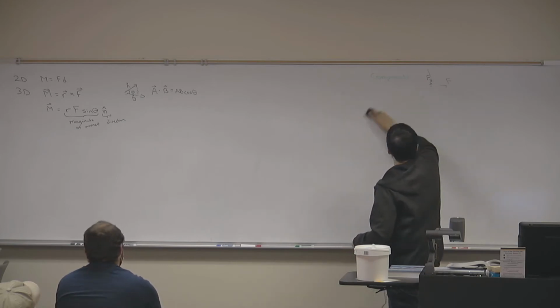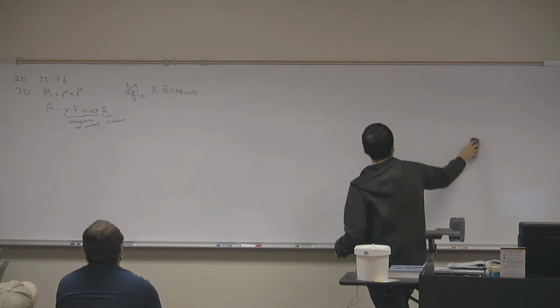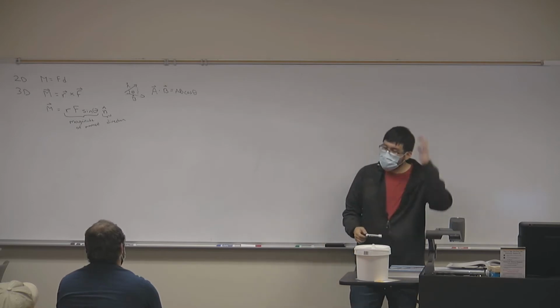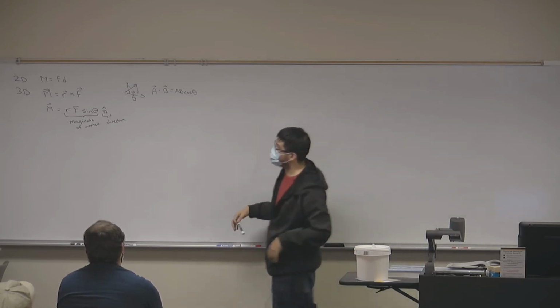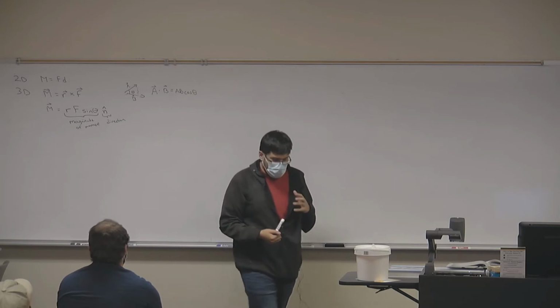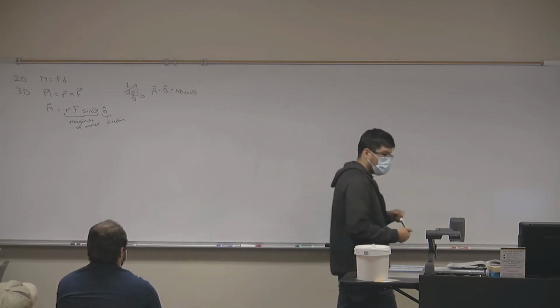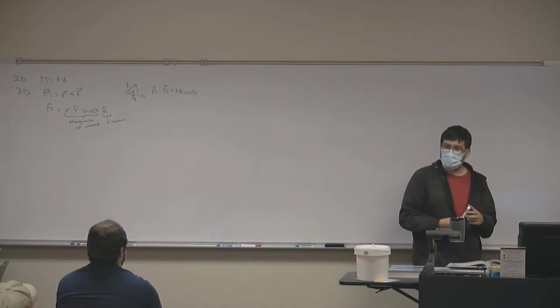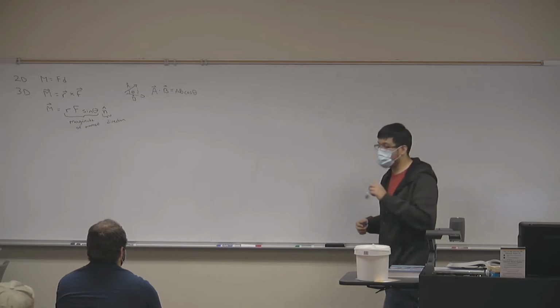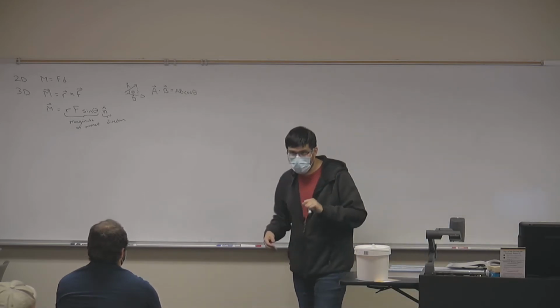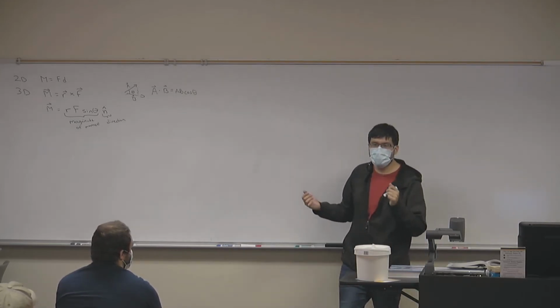From your algebra, physics, whatever class where you deal with vectors, does anybody remember how to solve a cross product? Matrices? Yeah. You create a matrix, right? You take the determinant of the two vectors.